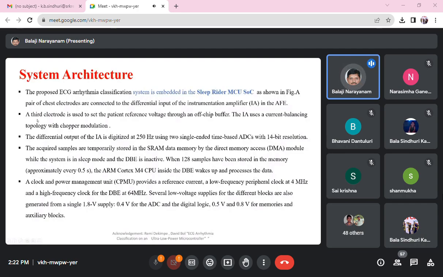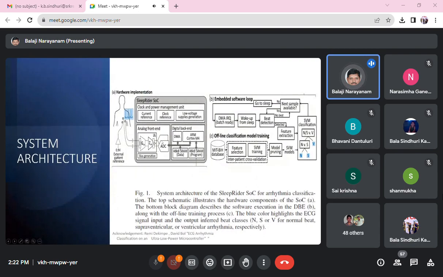The third electrode is used to set the patient reference voltage through an on-chip buffer. The instrumentation amplifier uses a current balancing topology with chopper modulation. The differential output of the instrumentation amplifier is digitized at 250 Hz using single-ended time-based ADCs, shown here as the A to D converter.